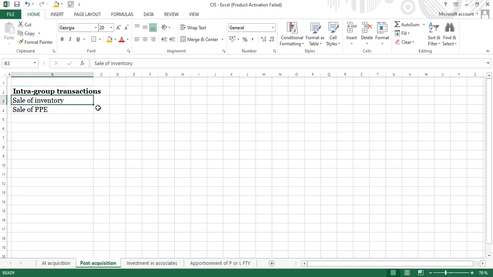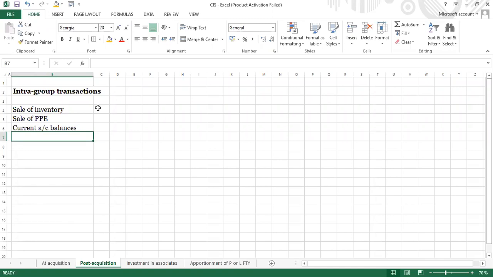Another form of intra-group transaction you may run into is what they refer to as current account balances. That's for every transaction that takes place between the parent and the subsidiary, each of them will record it. So when the parent sells 2 million to the subsidiary on credit, the parent will record it as receivables, but the subsidiary will record it as payable.